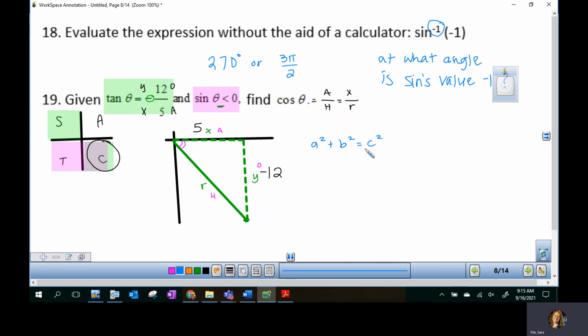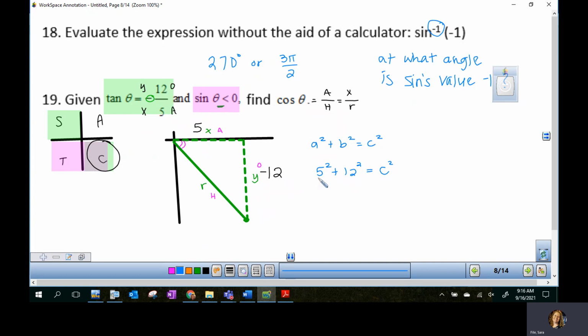Okay, A and B are the legs, C is the hypotenuse. So this is 5 squared plus 12 squared equals R squared, or you can keep it C squared, it doesn't really matter. Notice I just put 12 instead of negative 12. It doesn't matter for the Pythagorean Theorem because 12 squared and negative 12 squared come out positive either way, because a negative squared is positive, right? So you don't have to worry about including that negative.